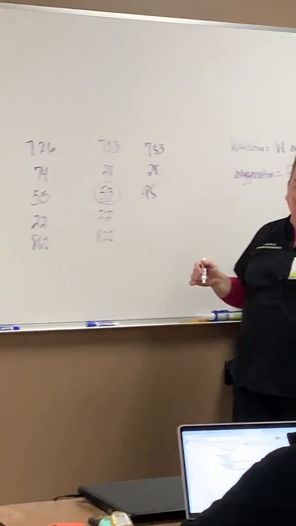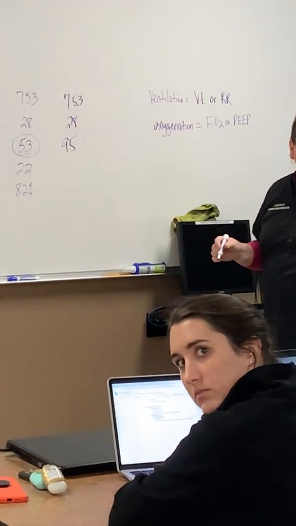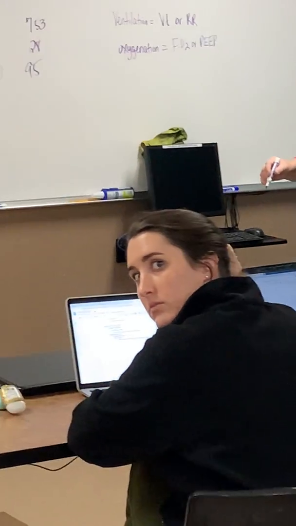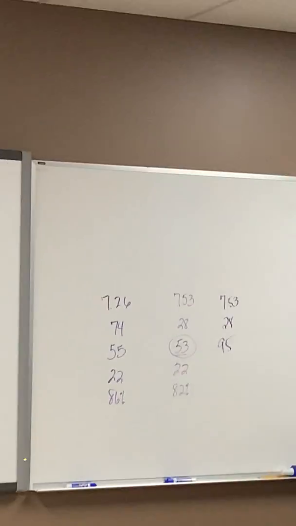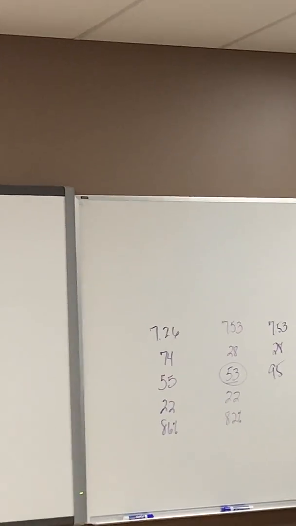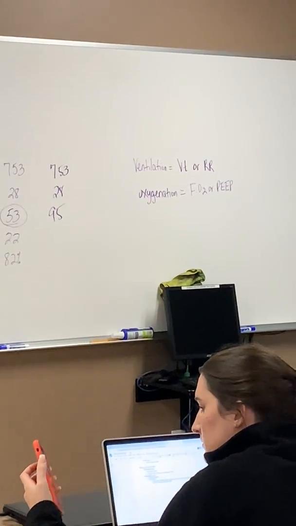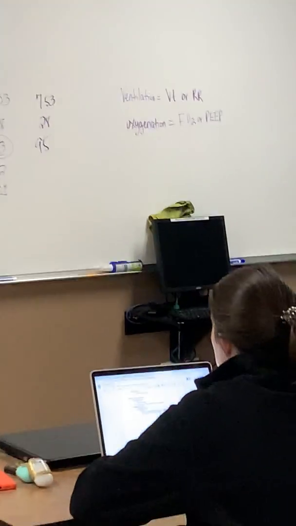Robbie, go ahead. So on the oxygenation, FiO2, that's in level of priority, right? Do FiO2 first, then the PEEP? Yeah, and once you're at the high levels, then you move to PEEP.